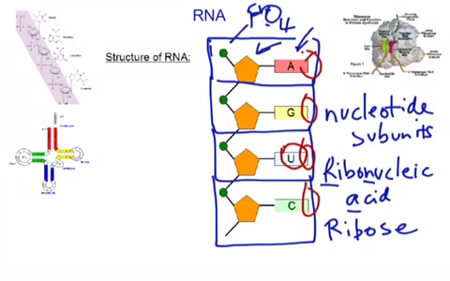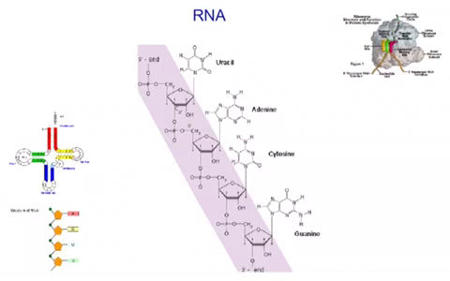Let's have a look at this molecule in slightly more detail. So here's a chemical representation of the same molecule. Take a moment perhaps to pause the tutorial and see if you can highlight or recognize the different parts of the molecule that we've just talked about. So you should have recognized the four different bases.